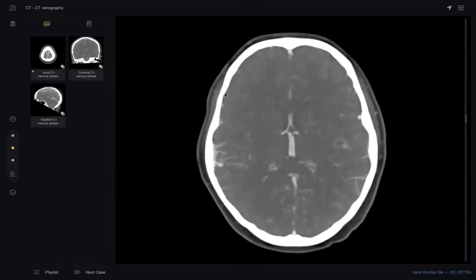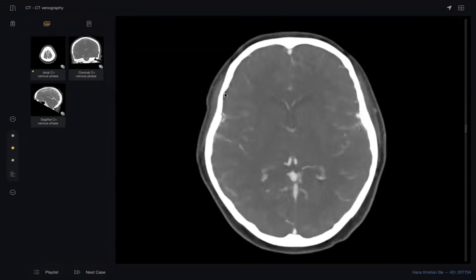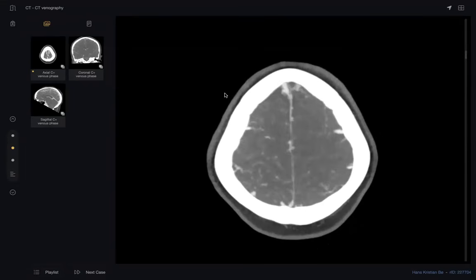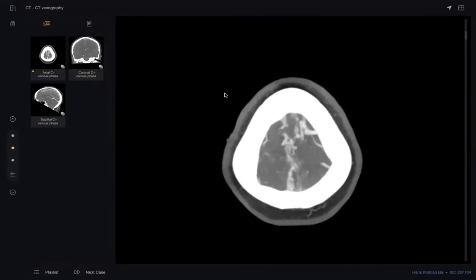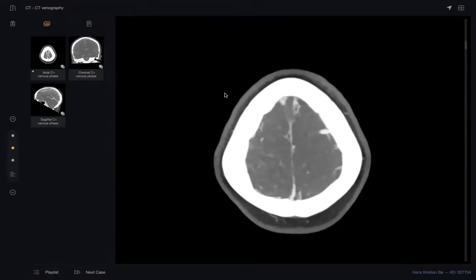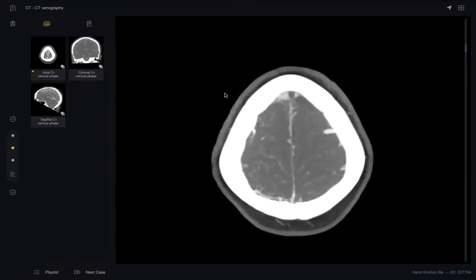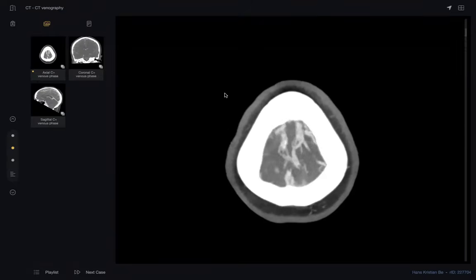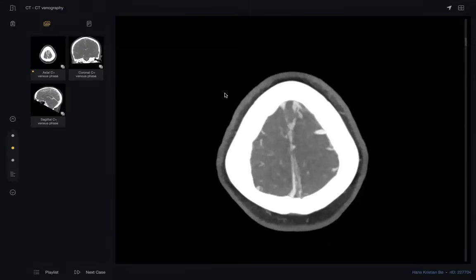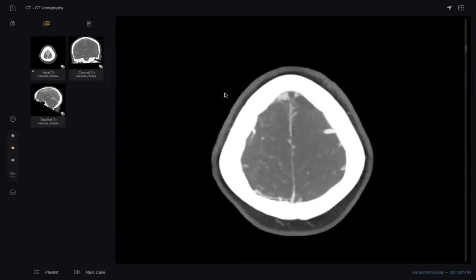because I can see there is enhancement within the cortical veins. I will scroll through the images. I will correlate with the cortical vein I noticed in the pre-contrast study. I can appreciate that there is a filling defect within the superior sagittal sinus. This is suggestive of superior sagittal sinus thrombosis.